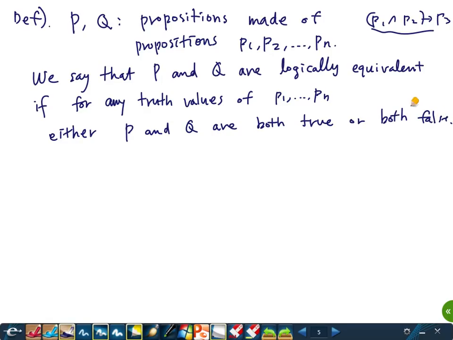So in any possibility of these, P and Q have exactly the same truth value. It can be true or it can be false, depending on the values of these, but they have to coincide.